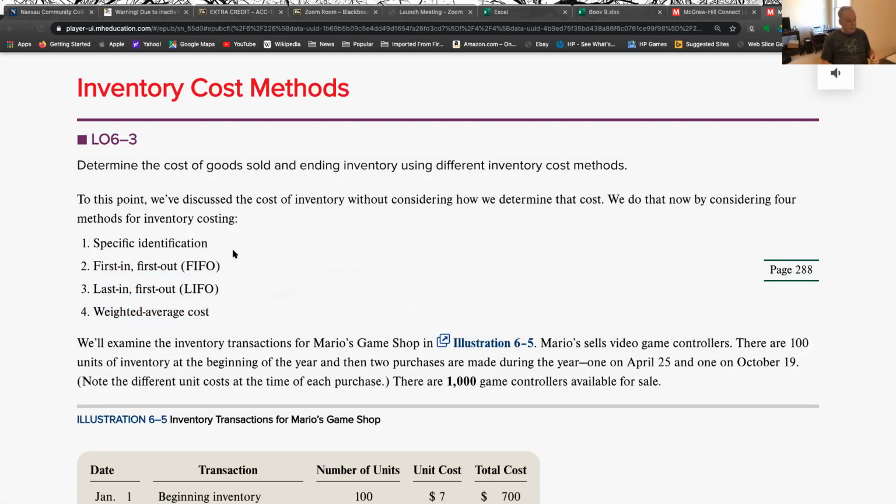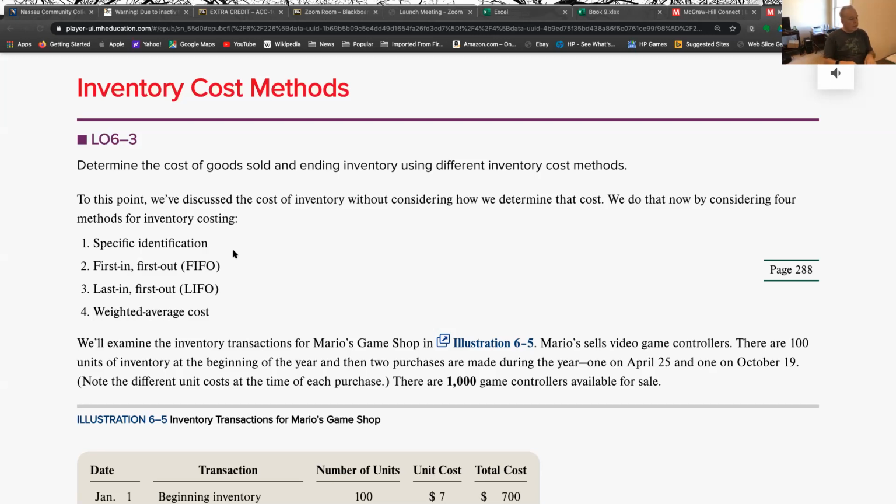Because when you're in business and you're selling stuff, you always want to make sure that you have the right amount of stuff in inventory. You don't want to have too much. You don't want to have too little. So as a result, you don't buy all your inventory on the first day and then hope you sell it all out. You buy a small amount of inventory, you sell it, and then you buy some more.